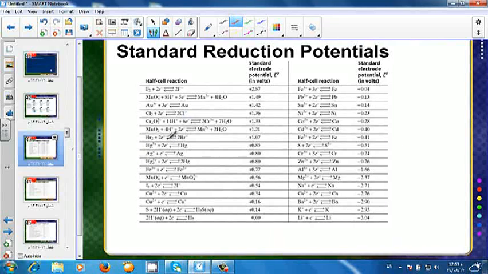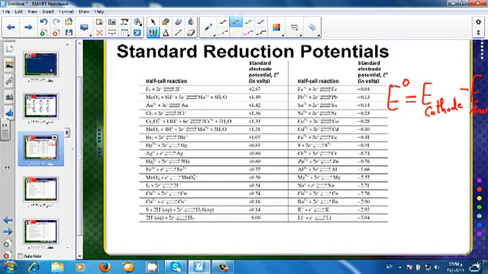So you simply search for the half cell that represents your reduction potential, and you will get the value and put the sum. The E naught represents the total electric potential for any electrochemical cell. We simply subtract the electrode potential for the cathode minus the electrode potential for the anode.